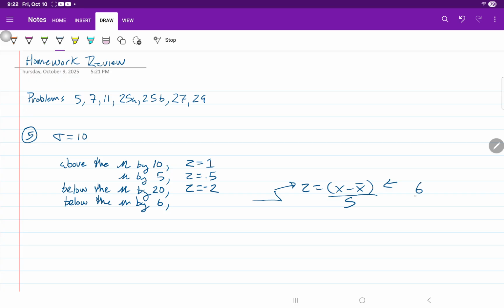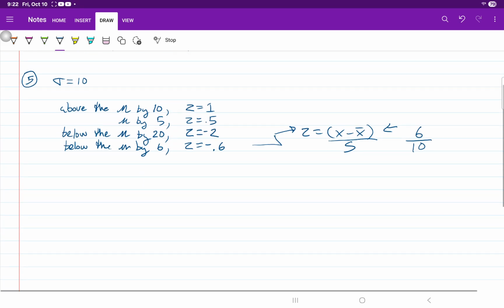So that would be 6 divided by our standard deviation of 10, and it is below the mean by that value. So that would be z equals negative 0.6, because 6 divided by 10 is 0.6. And again, we're below the mean, so we have to make it a negative. Okay, so that's how you do those quick ones there.